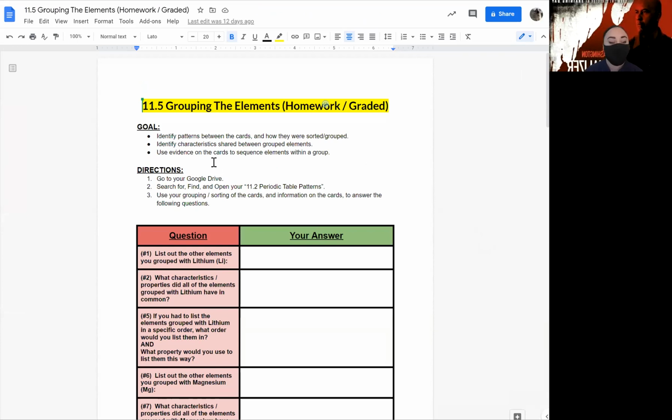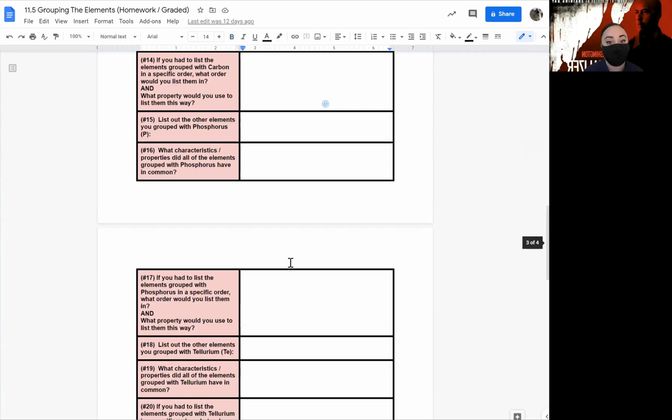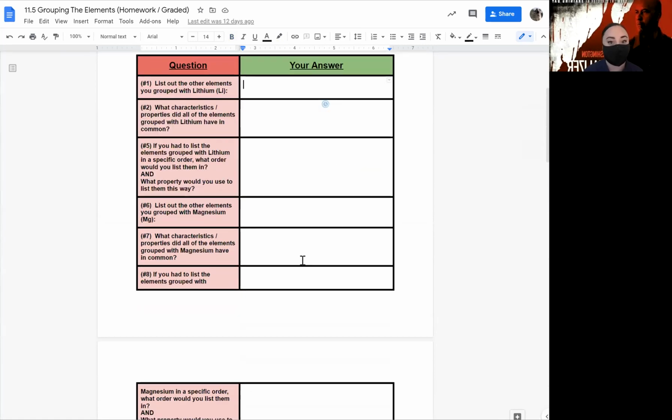So it says here, the goal is to identify patterns between the cards and how they're sorted, identify characteristics shared between grouped elements, and use evidence on the cards to sequence elements within a group. So you are going to want to have your card sort open while you're working on this, because you'll need that information to answer these questions here. So let's look over what some of these questions ask.